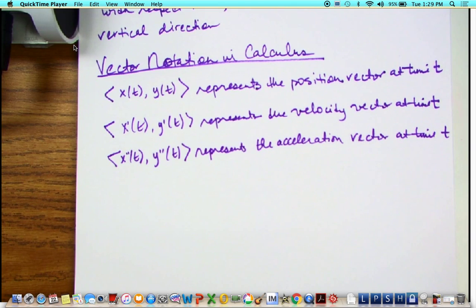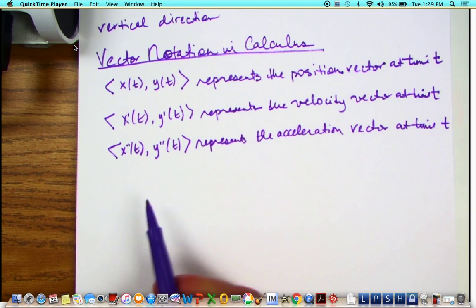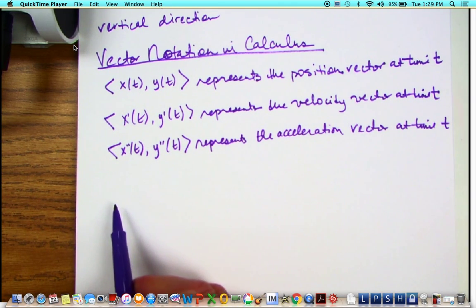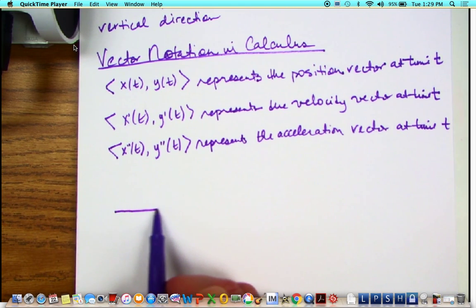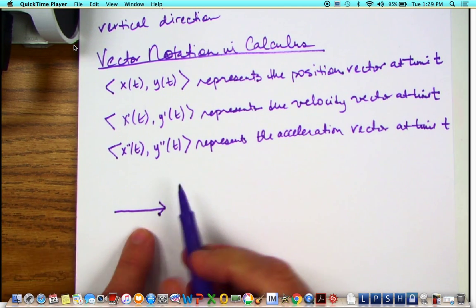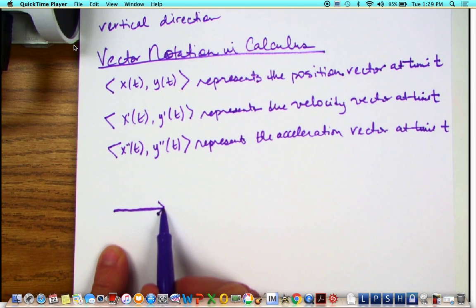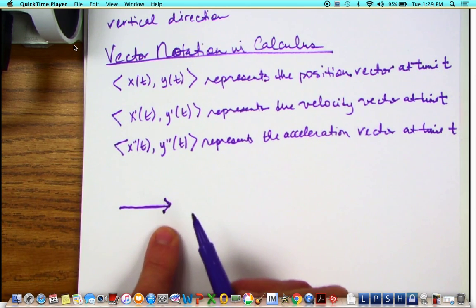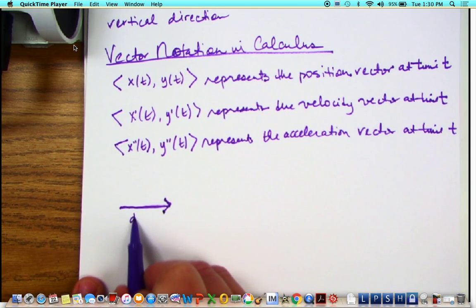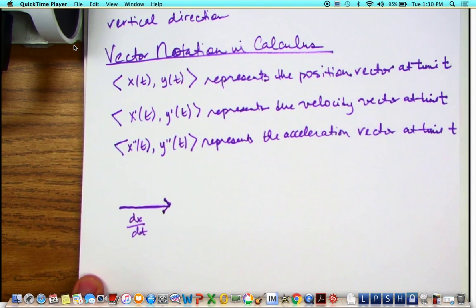Okay, so when we talk about vectors, those of you in physics, and I guess you even cover this in Physics 1, I'm not really sure. It's been a very long time since I've been in physics. Do you talk about vectors? Like, do you draw them? Okay, so this arrow right here would be labeled what? dx/dt, right?